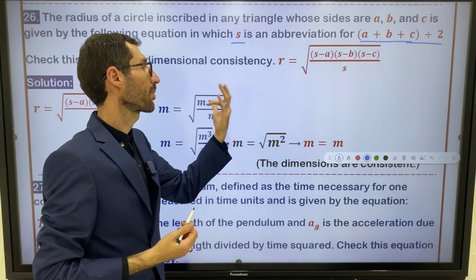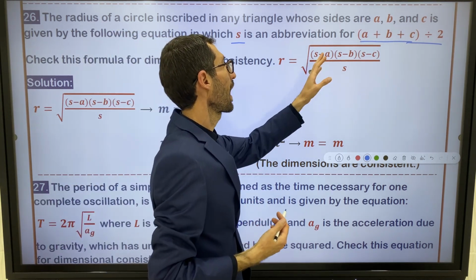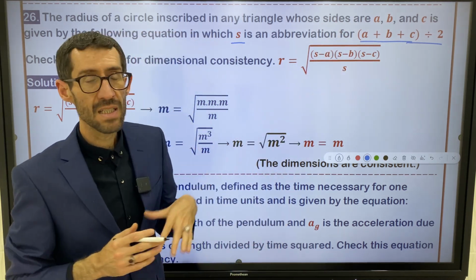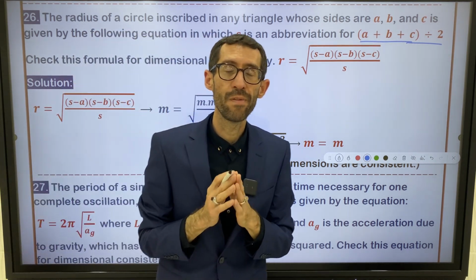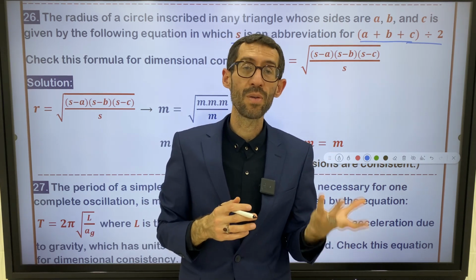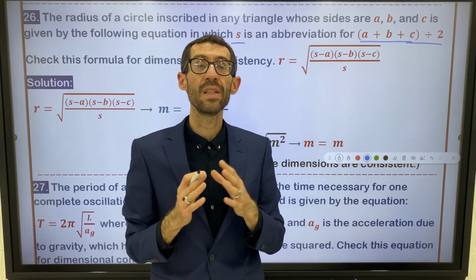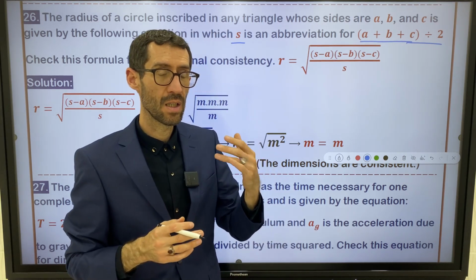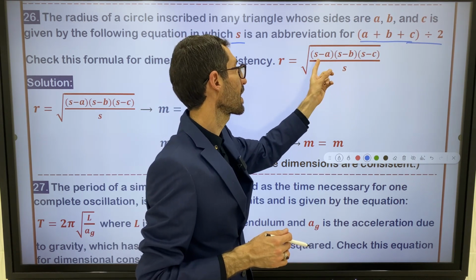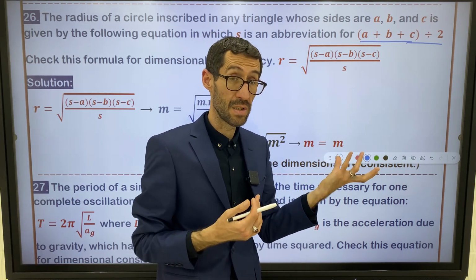We want to check this question. S and A, B, C, all of these variables are about the length, the sides of a triangle. They are all measured in meters. Whenever you subtract one from the other, the unit remains meters.